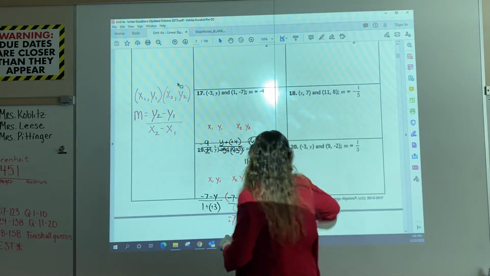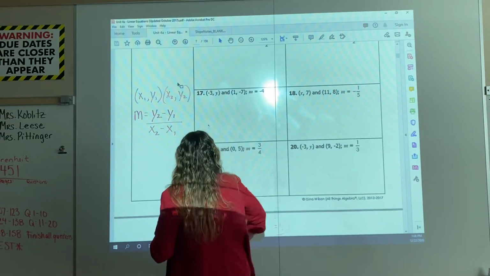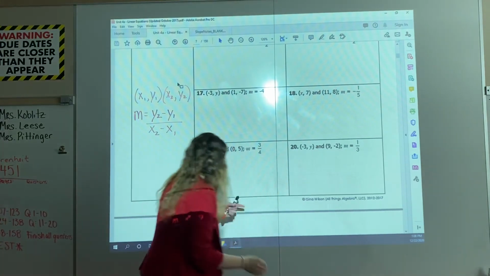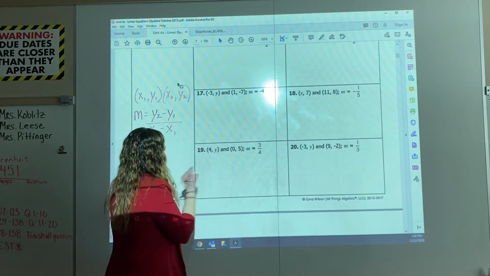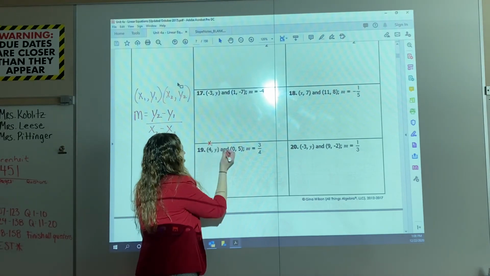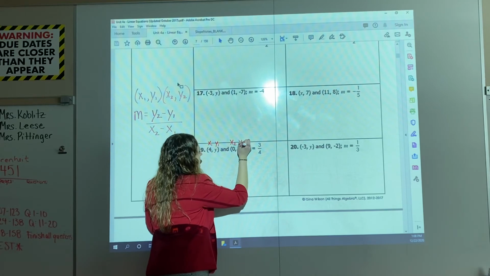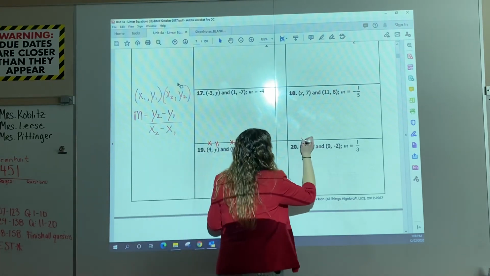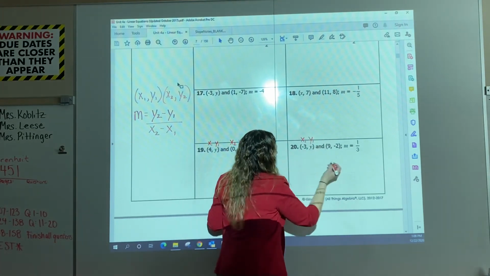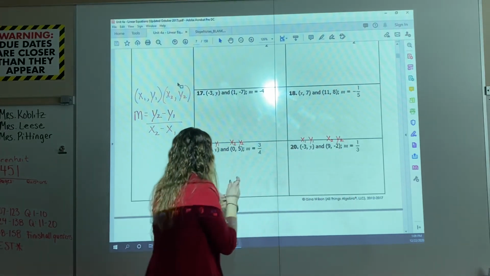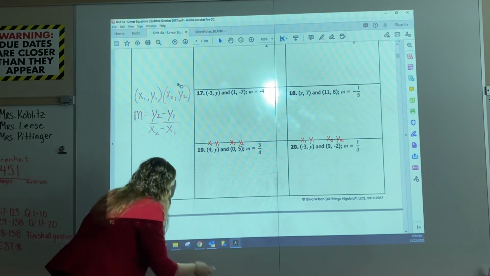Go ahead and label those ordered pairs, x1, y1, x2, y2. All right, let's plug it into our slope formula.